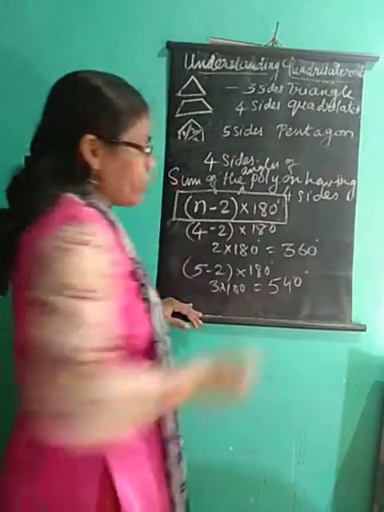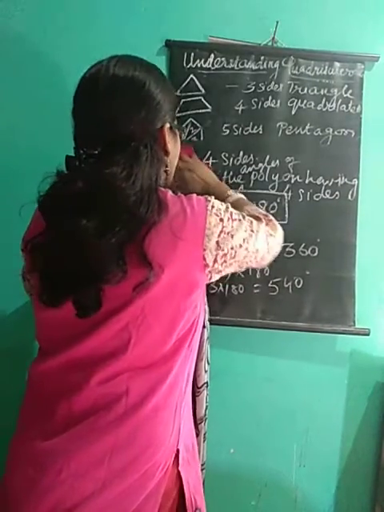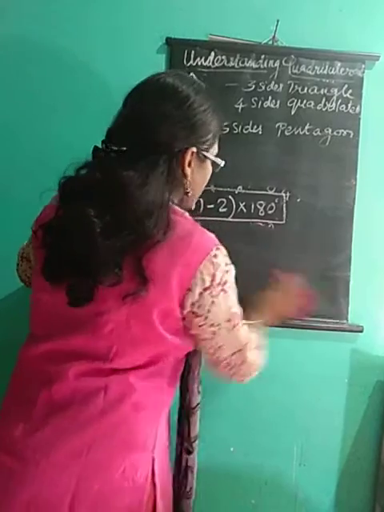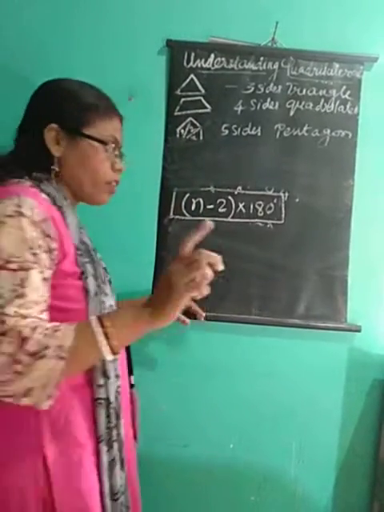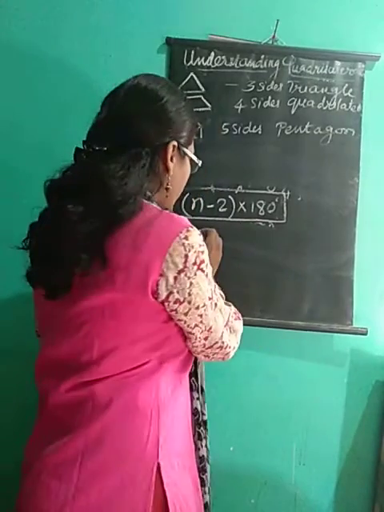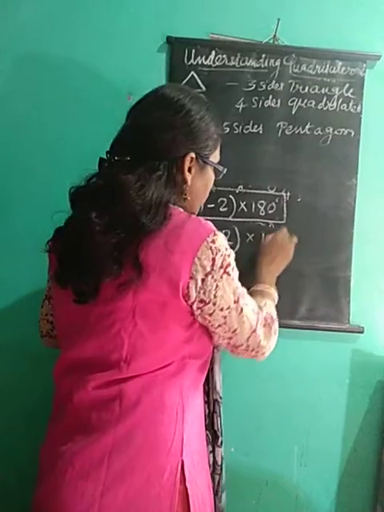So now if you have 10 sides, or let us take 8 sides and calculate it. Calculate it for 8 sides. The sum of the angles, the total angle measure. We are finding out the total angle measure. Remember that. So 8 sides means 8 minus 2 into 180 degrees.